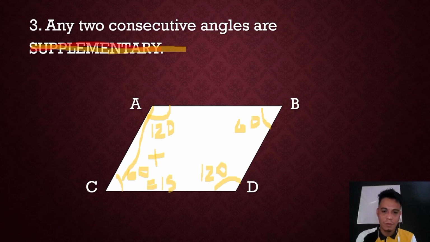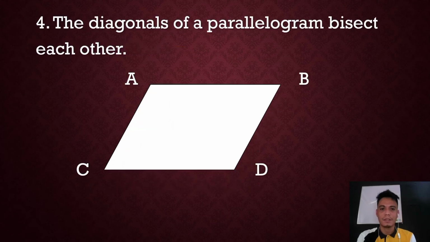Okay? So, 180 degrees po siya. So, two consecutive angles are supplementary. So, yan po yung sinasabi ng quadrilateral na isa po siyang parallelogram. Okay? Next. I hope na nasundan tayo, guys.